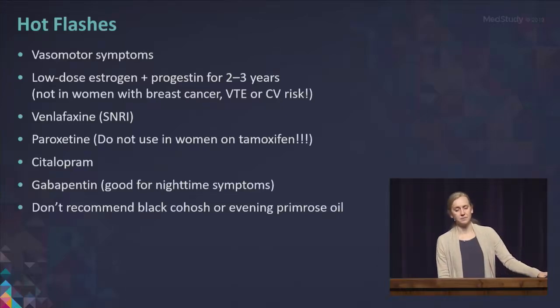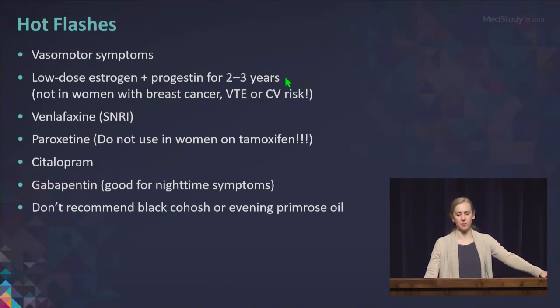Hot flashes can be very, very bothersome to patients. Remember, even though low-dose estrogen and progesterone can cause venous thromboembolism, cardiovascular risk, and are contraindicated in breast cancer, it's okay to use them for 2 to 3 years to try to help alleviate symptoms and then slowly taper off. If you're not going to use those hormonal medicines, you still have many choices to try to help alleviate these patients' symptoms.